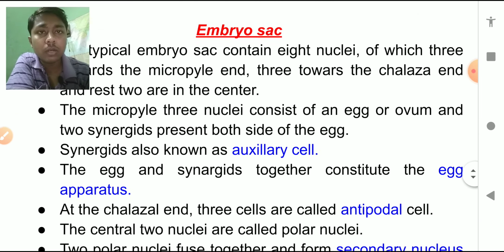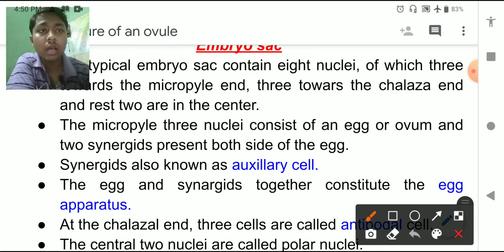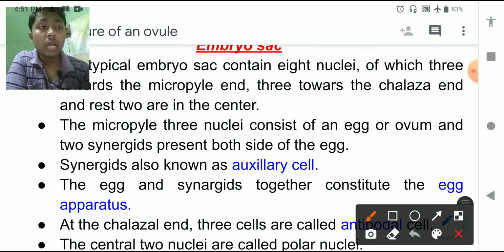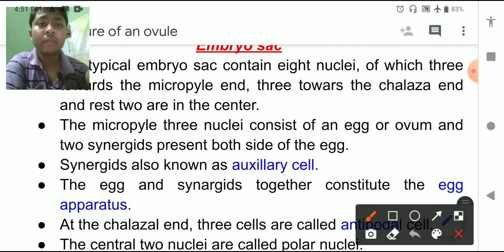So now this is the micropylar end. Now we're discussing all about this from the second point. The micropylar 3, we already discussed. The micropylar 3 nuclei consist of an egg or ovum and the 2 synergids present on both sides of the egg or ovum.